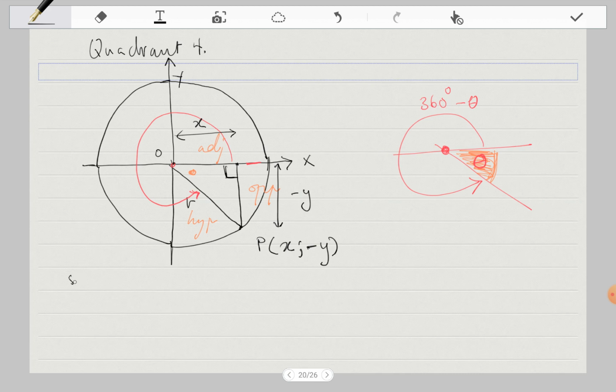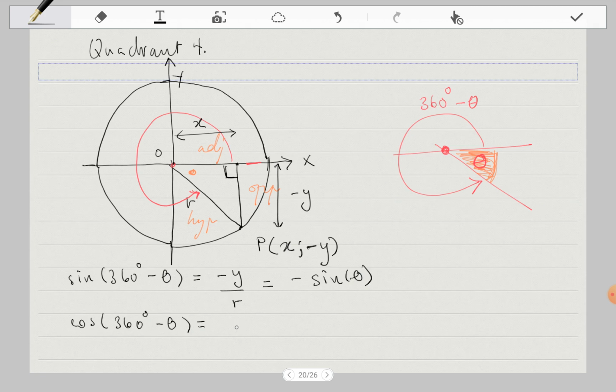So sine of 360 degrees minus theta would give us opposite over hypotenuse, which would be minus y over r, which would provide minus sine of theta again.